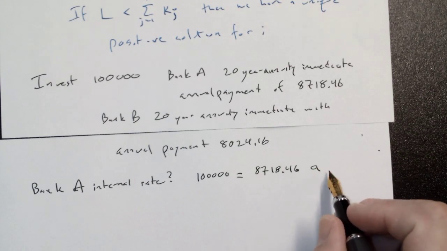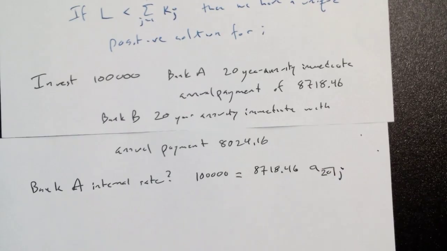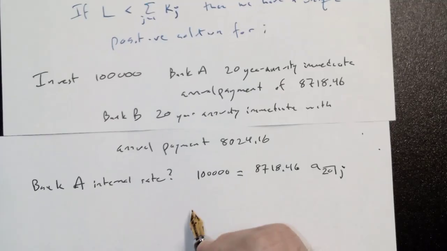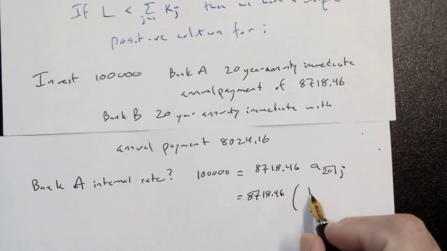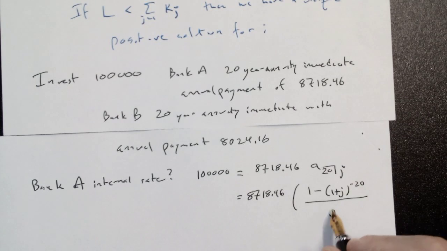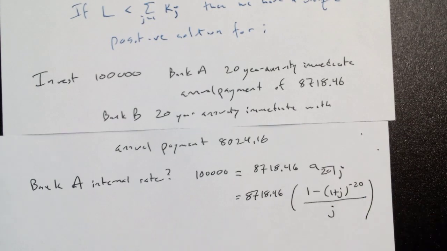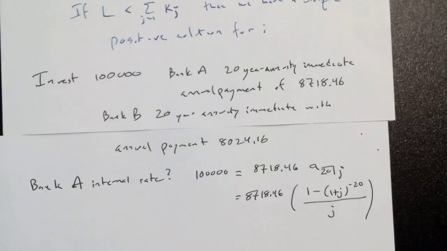Ordinary annuity present value is A, 20 years at my unknown interest rate. And this is the unfortunate result of that, is that I have to solve that equation for J. Cheers for technology. I'm going to do that right on here.